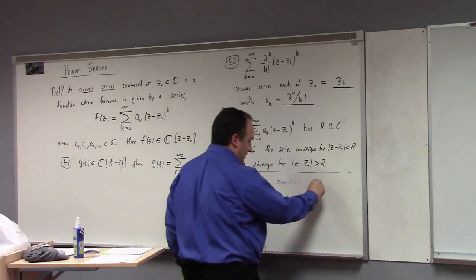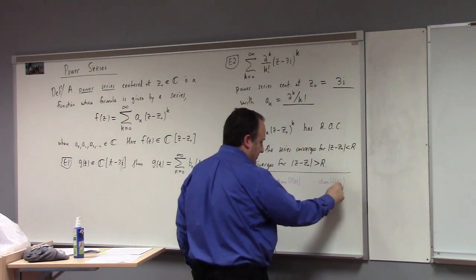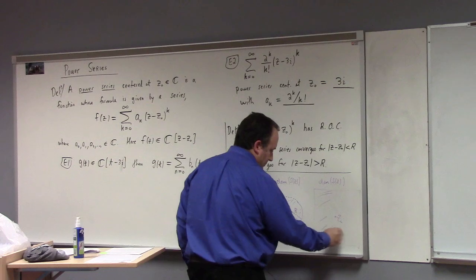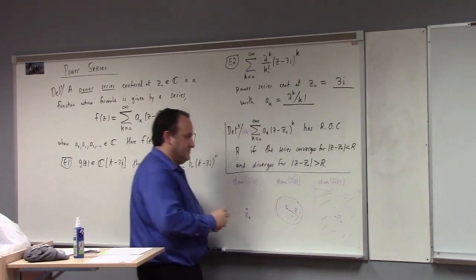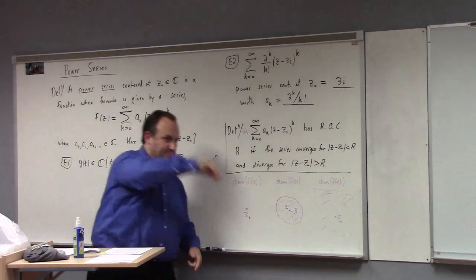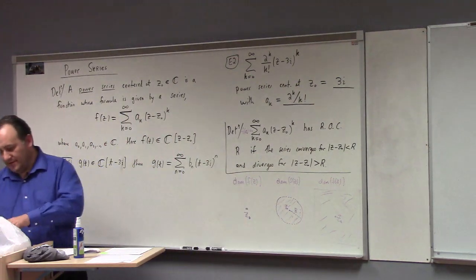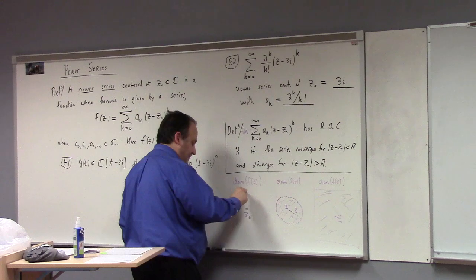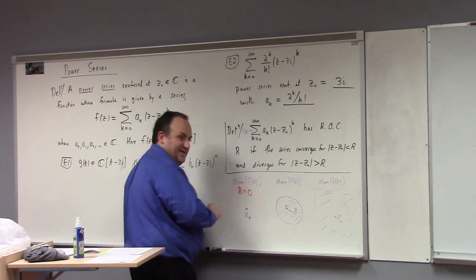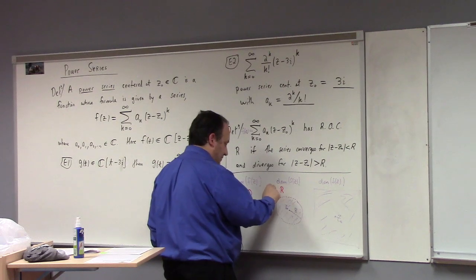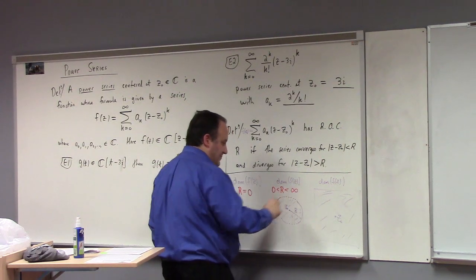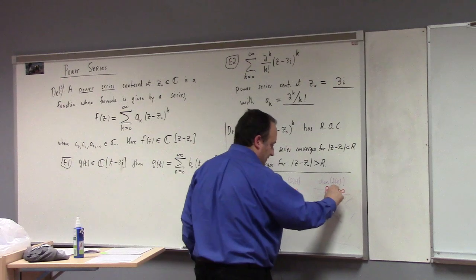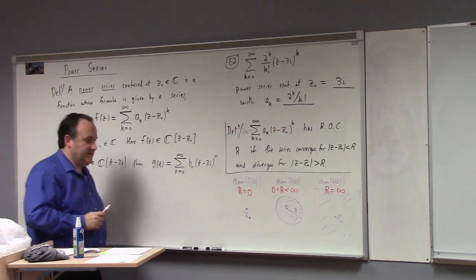Or we could have the domain of f of z looking like everything. My bad, opposite story: this is r equals 0, this is r finite but non-zero, and this, of course, is the case r equals infinity, where r is the radius of convergence. These are the three choices.